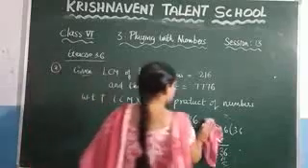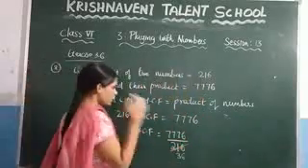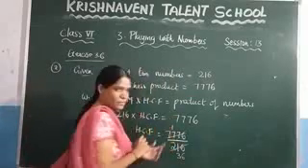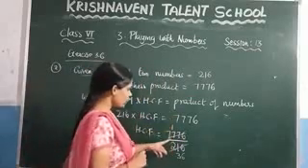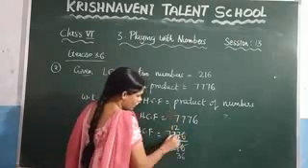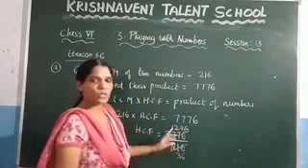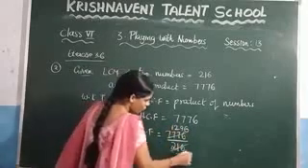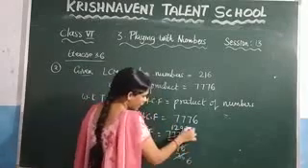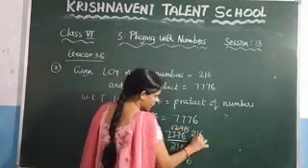So here check the numerator. 7 1s are 7, 6 1s are 6, and 1 will be remainder, making 17. And after that 6 2s are 12, 6 9s are 54, 6 6s are 36. And again these two numbers are divisible by 6. So 6 6s are 36, 6 2s are 12, 6 1s are 6, 6 6s are 36.